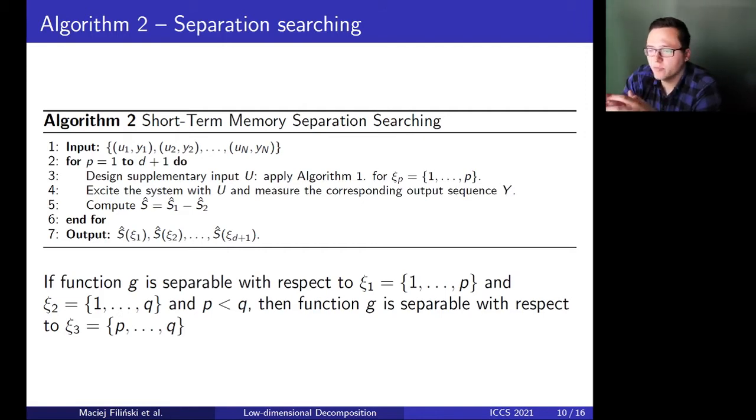This algorithm has 3 steps. First, we design the input sequence for the active experiment using algorithm 1 for Xi_p equal 1 to 2p.